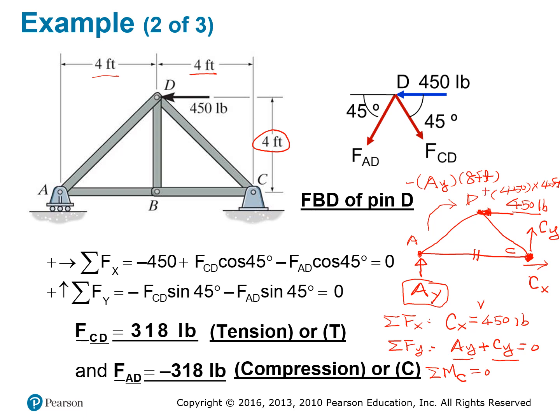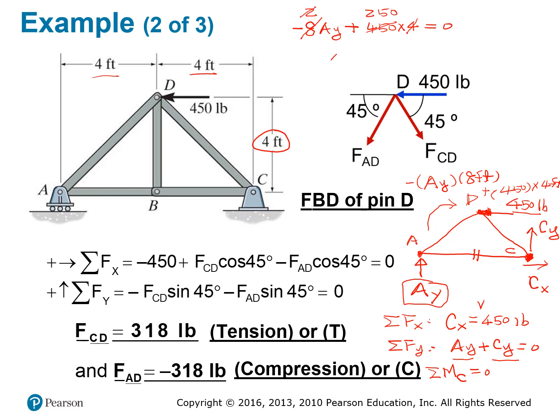So when you do the calculation, let me just write it here: 8AY minus 4AY plus 450 times 4 equal to 0, and you can cancel this to 2 and divide by 2, you got 250, right?